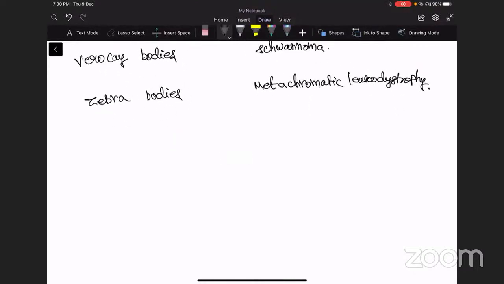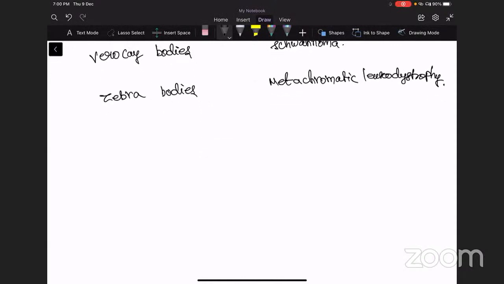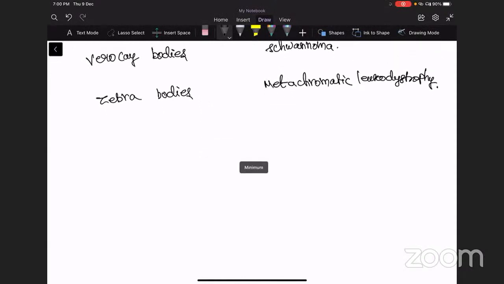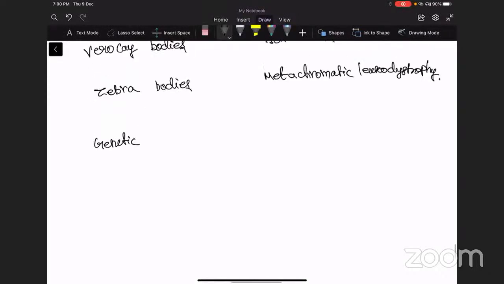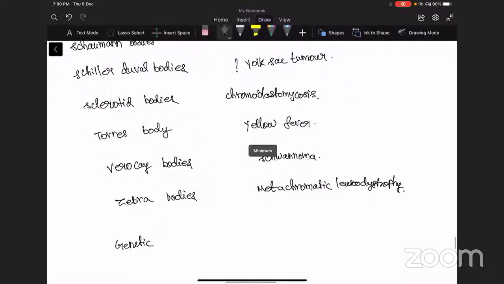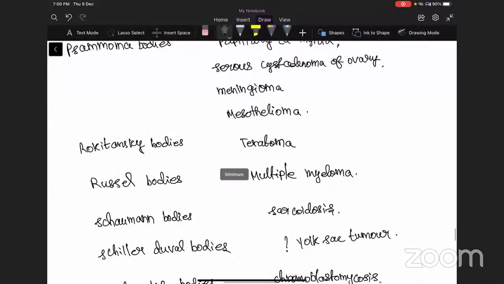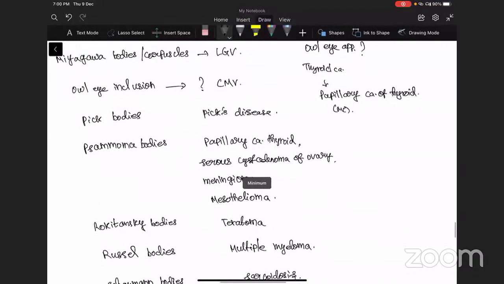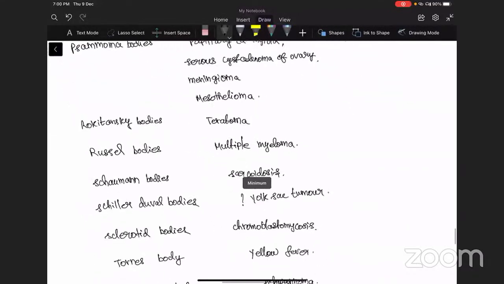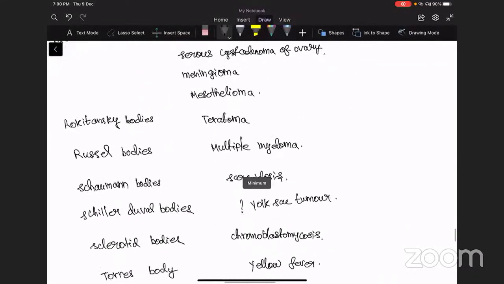Yes, Priyanka, correct. Verocay bodies are seen with schwannoma. Next, we'll move on to some genetic disorders by chromosomes. We completed everything, I think. Yes. Owl's eye appearance, Orphan Annie nuclei, papillary cancer of thyroid has been asked in the exam.